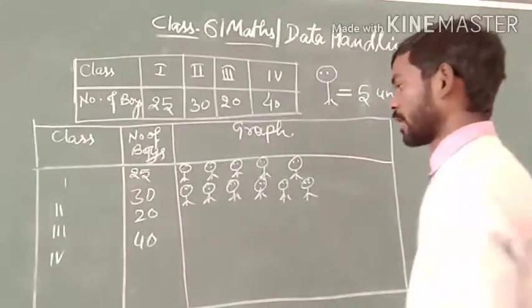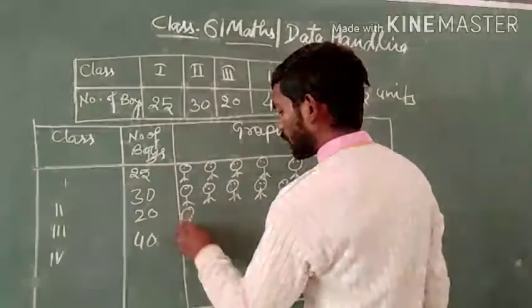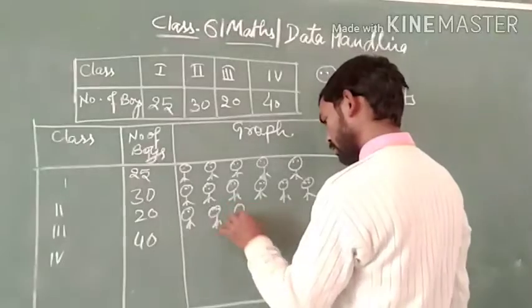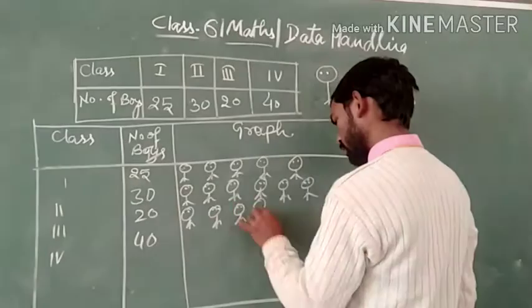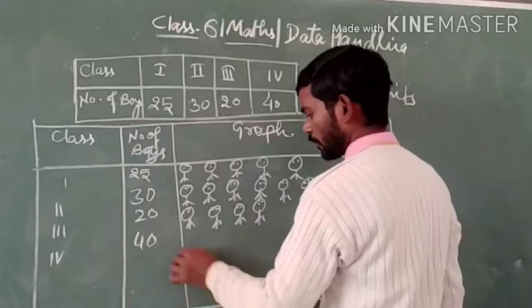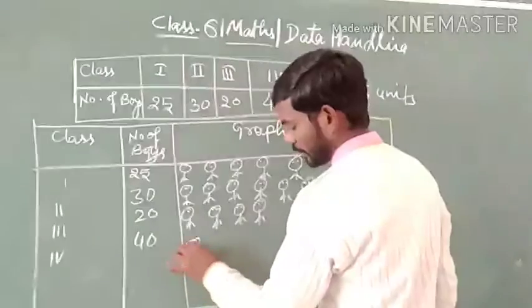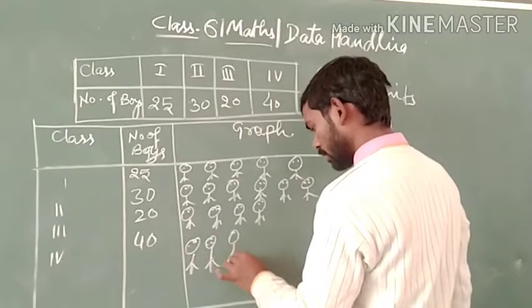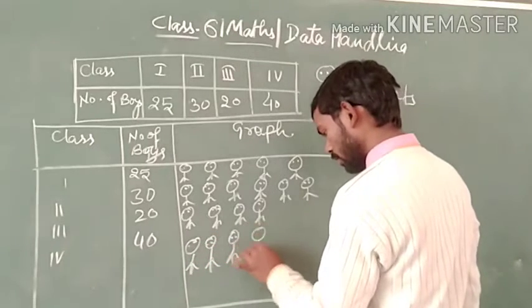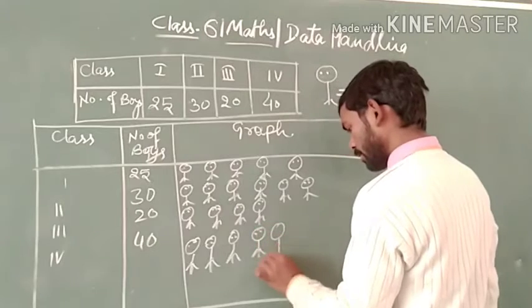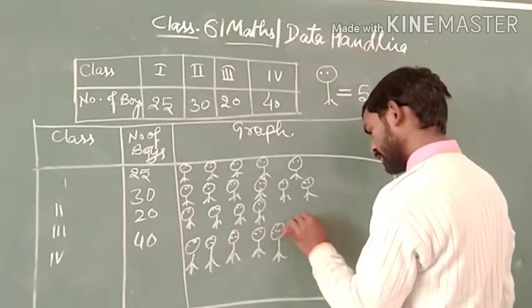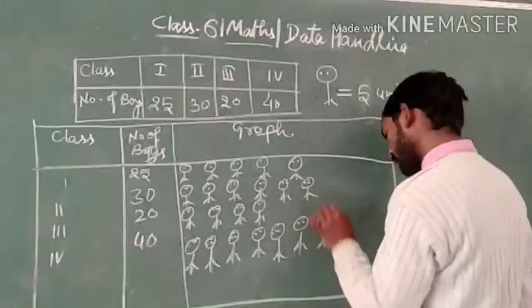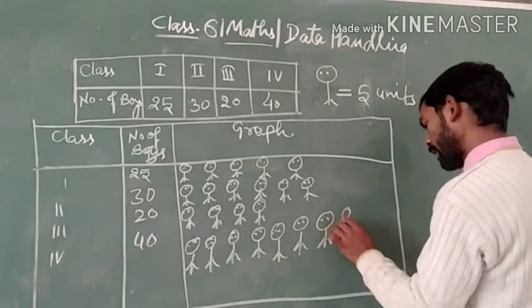Similarly for 20 we need only 4 figures, and for 40 we need 8 figures: 1, 2, 3, 4, 5, 6, 7 and 8.